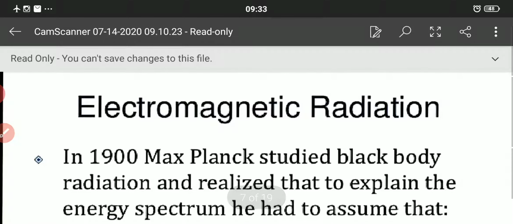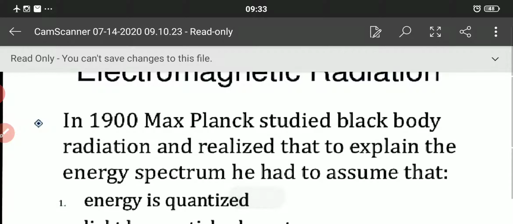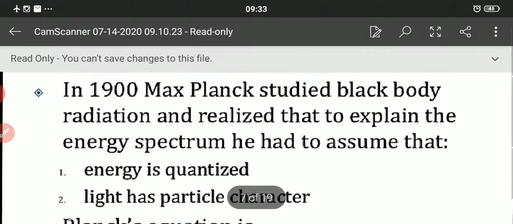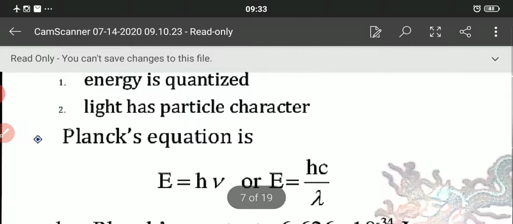Now electromagnetic radiation: in 1900, Max Planck studied black body radiation and realized that classical physics could not explain the energy spectrum. He had to assume that energy is quantized and light has particle character, meaning light has dual character, particle as well as wave.